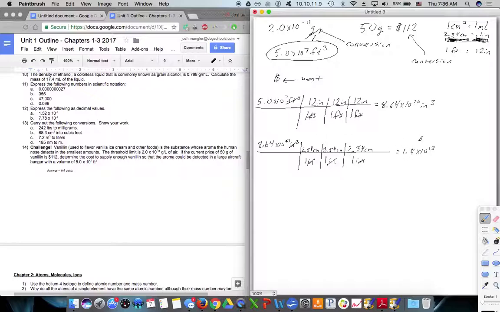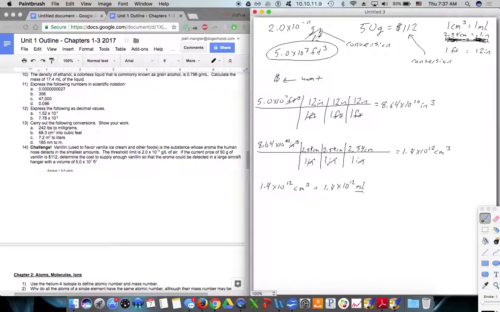So I write down a rounded value because it's cumbersome to write out the whole thing, but I'll use the unrounded in the next step. 1.4 times 10 to the 12th cubic centimeters is equal to 1.4 times 10 to the 12th milliliters. So that's an important step.